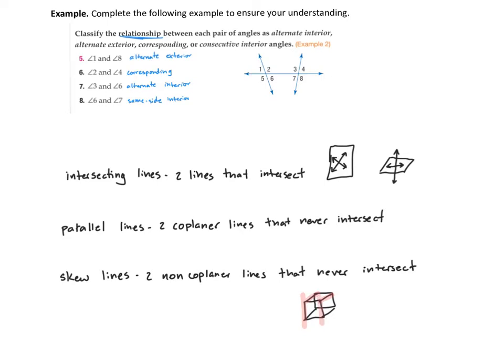They go on forever and they never, ever intersect. However, if you wanted to find, and I'll use a different color so you can see, skew lines, you would be looking at, say, this line and this line. No matter how far those lines extend, they will never intersect. Two non-coplanar lines that never intersect.